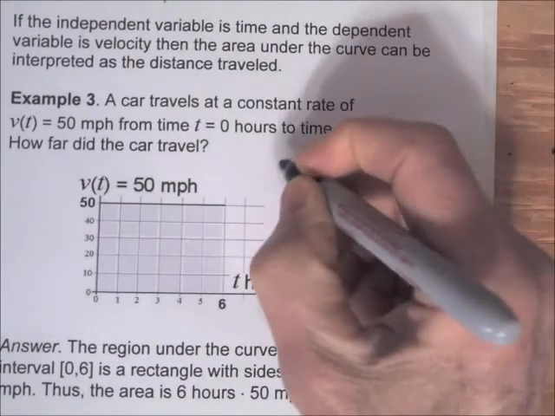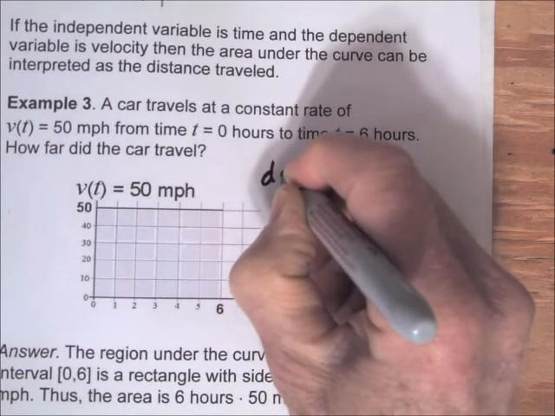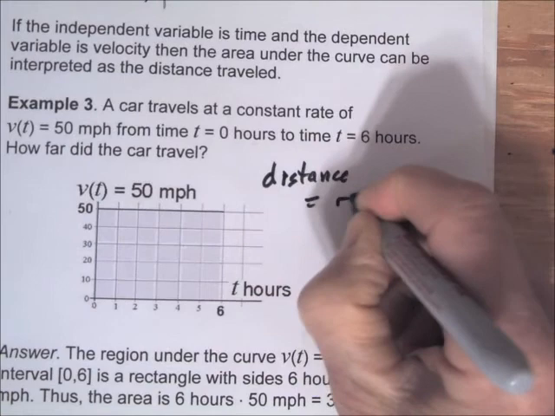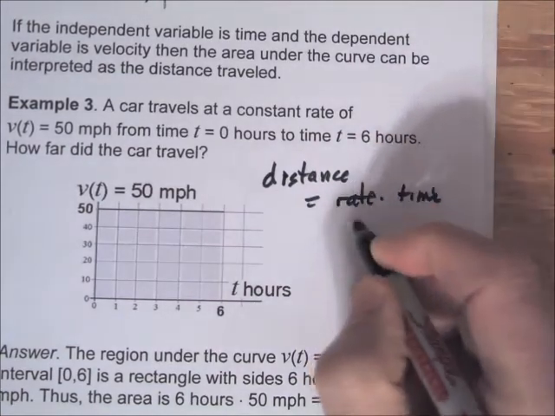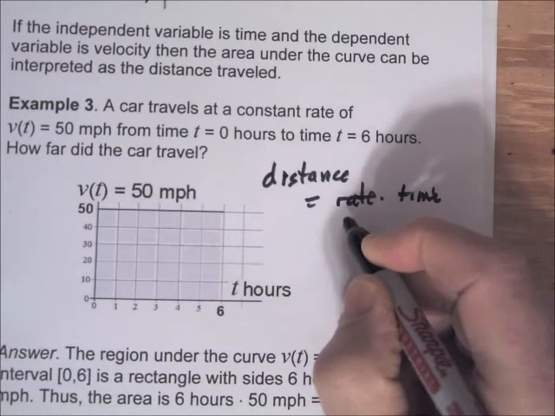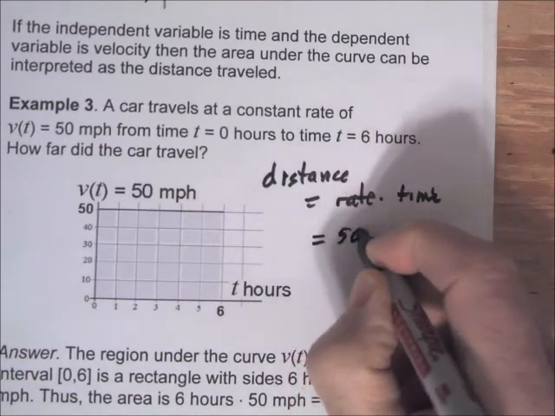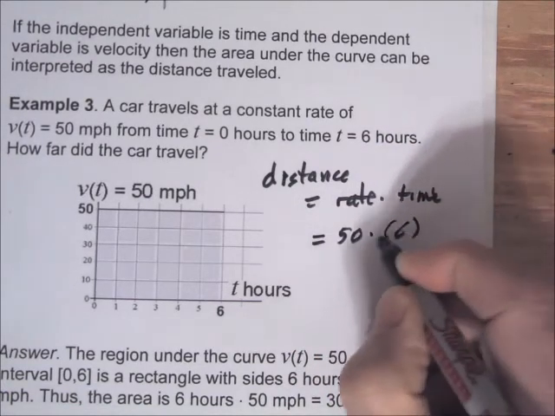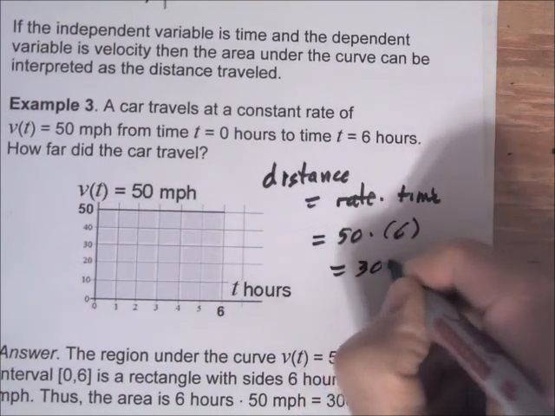You're probably familiar with the formula: distance equals rate times time. So in this case, the rate is 50 miles per hour, and the time is 6 hours. So 50 miles per hour times 6 hours would be 300 miles.